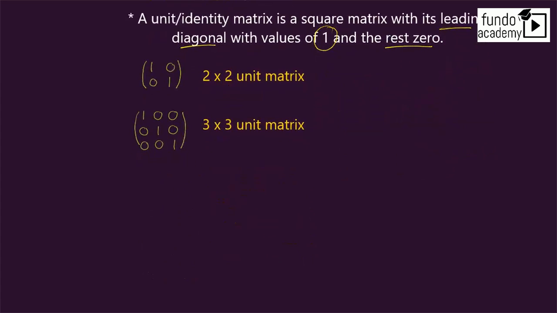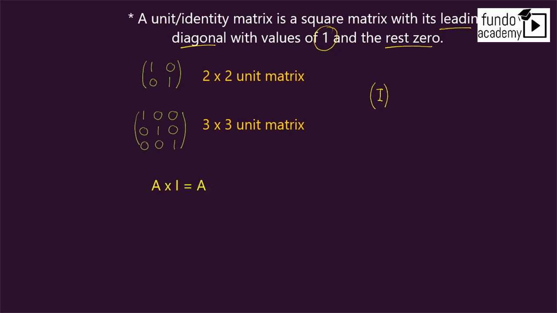So if you look at both unit matrices, you find that this leading diagonal, as we call it, has got values of 1 and the rest of the values are equal to 0. So that's what we call a unit matrix or an identity matrix. Most of the time it is denoted by the letter I.